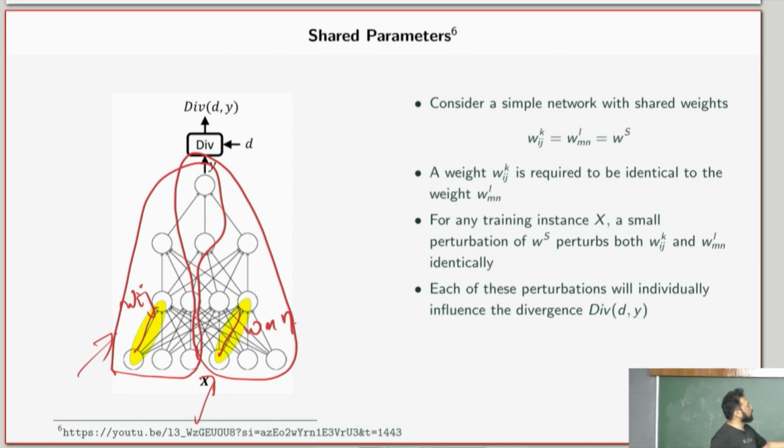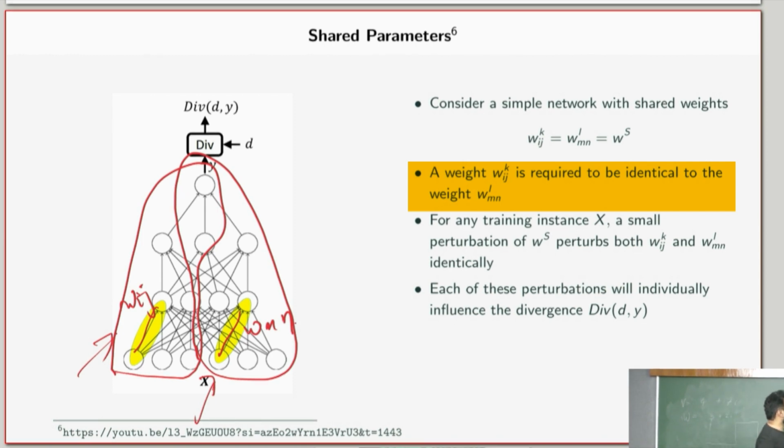Let us give a common name to these weights, WS, meaning shared weights. Ideally, what I want is that Wij is required to be equal to WMN.